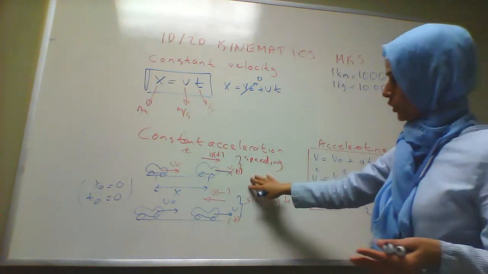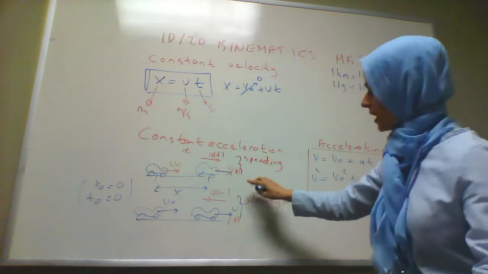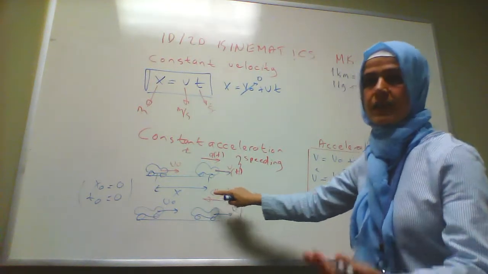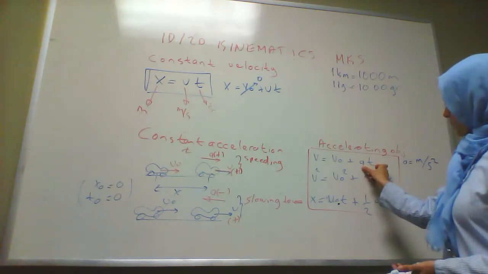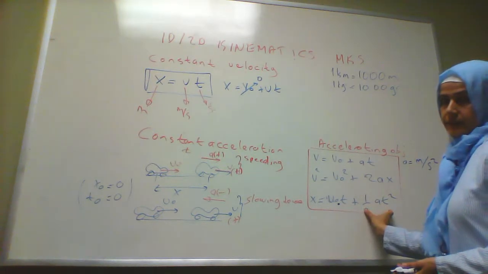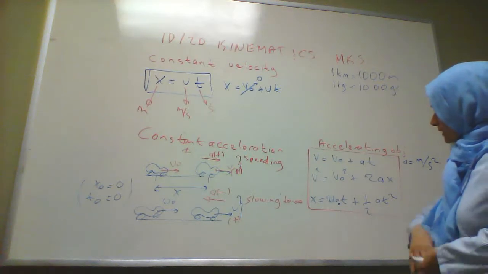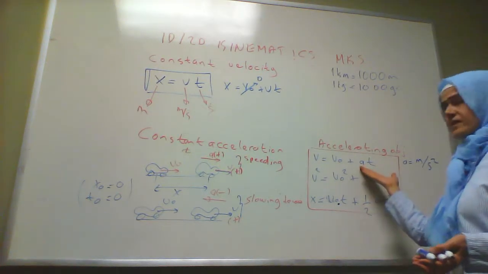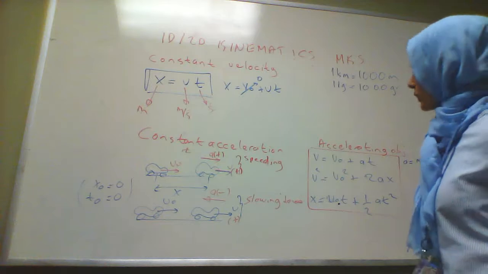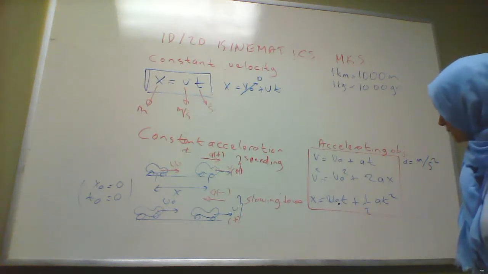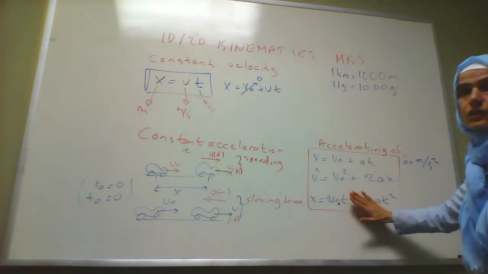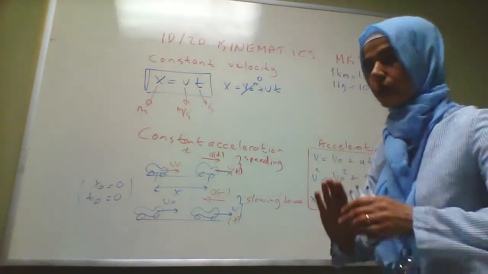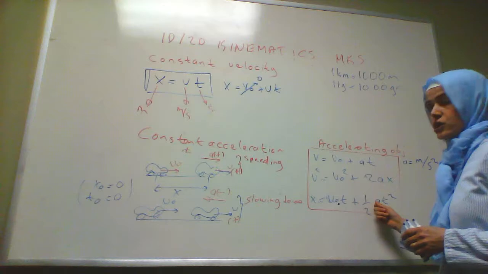And as we have learned, if the object is decelerating, slowing down, we'll be entering the acceleration as negative direction. What will happen is every term involving a will turn negative. Sometimes in the question we might get confused whether we enter the acceleration as negative or not towards the end of the question. So I choose to teach you in such a way that we enter the direction in the equations, and at the end, we only talk about the magnitude of acceleration.